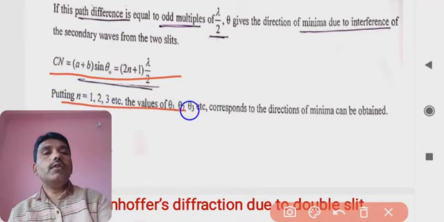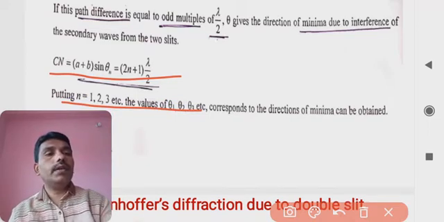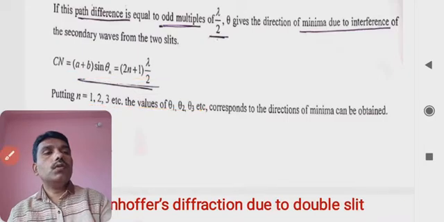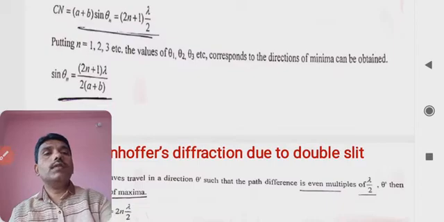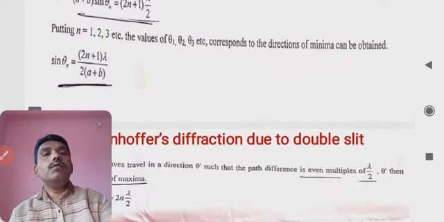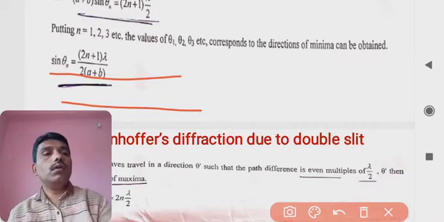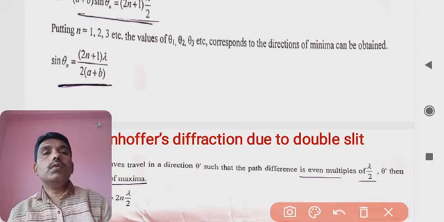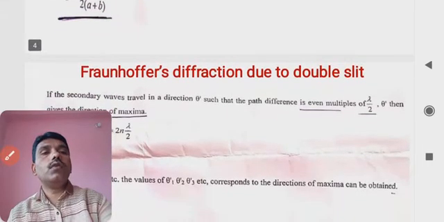So putting the values 1, 2, 3, we have theta 1, theta 2, corresponding to the direction of the minima. The minima will be obtained for the odd multiples of lambda by 2, and we have sin theta n is equal to 2n plus 1 into lambda upon 2 into a plus b.